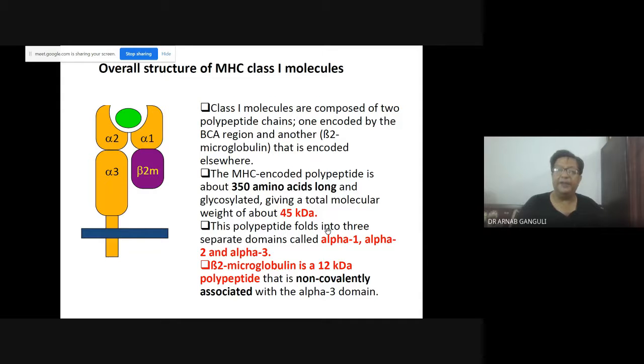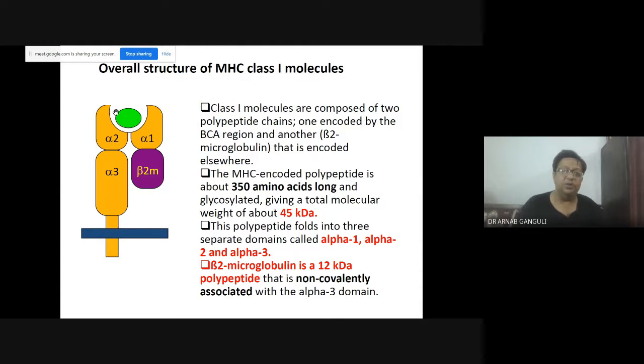This polypeptide folds into separate domains. So this whole protein of 350 amino acids has four domains: alpha 1, alpha 2, alpha 3, and beta 2m. They may or may not be coded by different genes. Alpha and beta are definitely different genes.